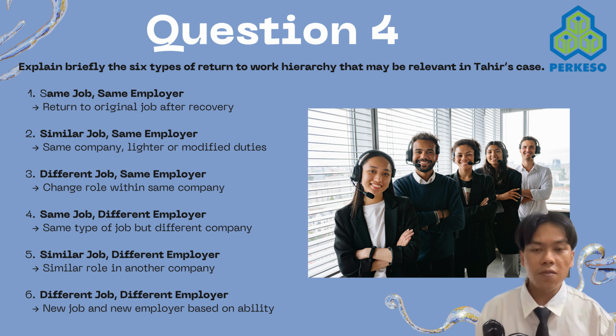Lastly is different job, different employer, where he changes both his job and employer based on physical ability after his rehabilitation. Overall, the hierarchy starts from the closest option to his original job and gradually moves to more suitable alternatives depending on his current condition.